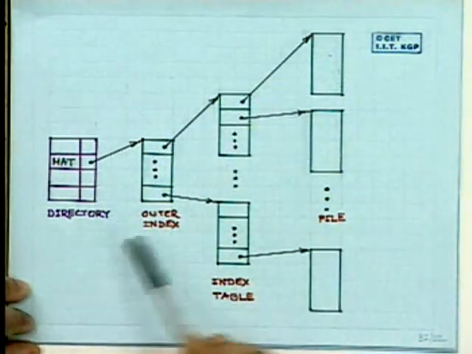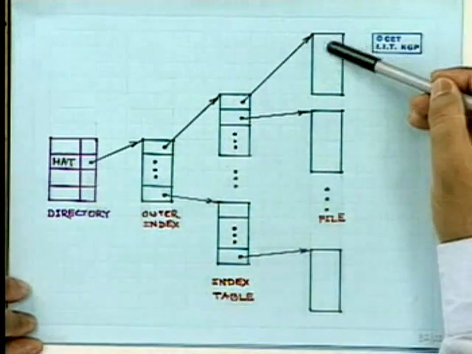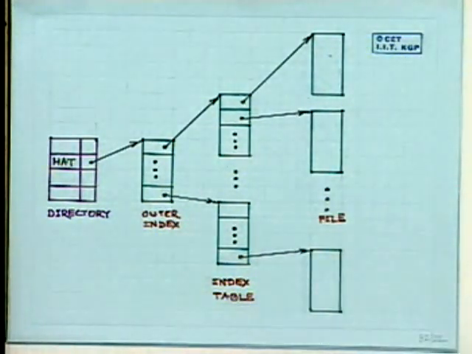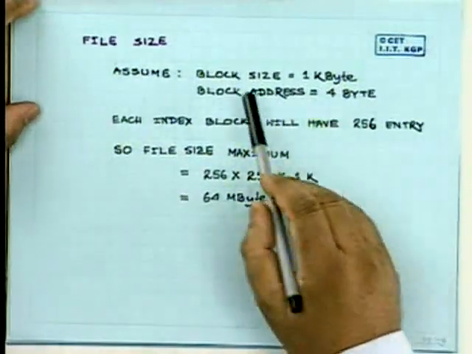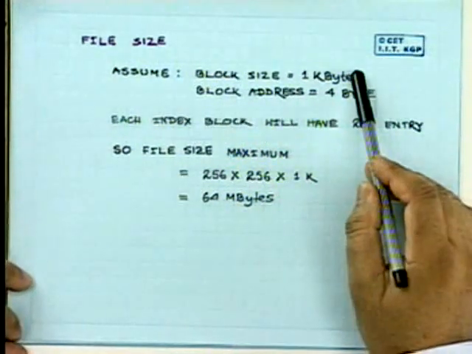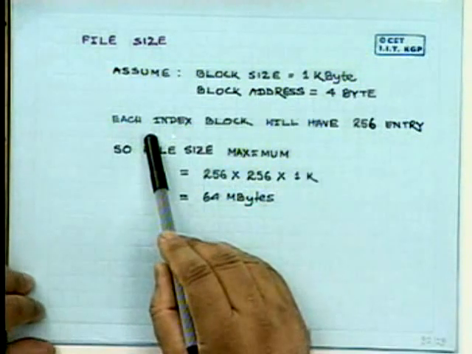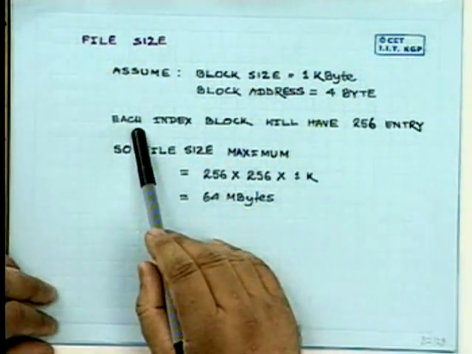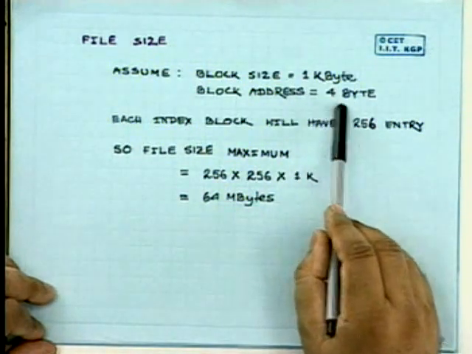In that case, you can see immediately that quite a huge file size can be accommodated, right? Now, just to have a computation, if we assume that the block size is 1 kilobyte and each block address is 4 bytes, then you can immediately see that the index block will have 256 entries, 1K by 4, right?